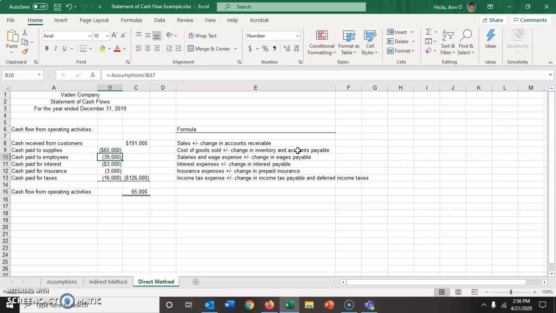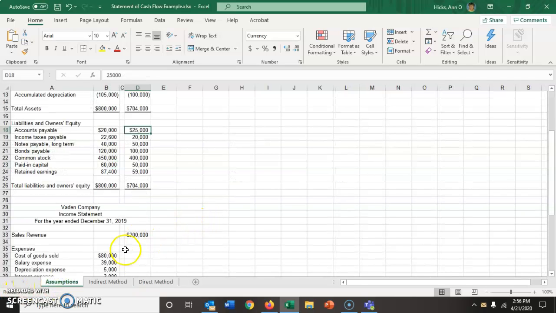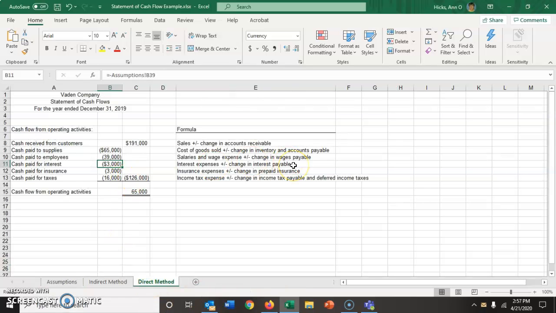Then cash paid to employees will be a function of salary and wage expense, and then any payables we have related to salary and wage. In our example, we have salary expense of $39,000, but if you look at the balance sheet, there are no payables or accruals, which means that $39,000 also represents what was paid out.